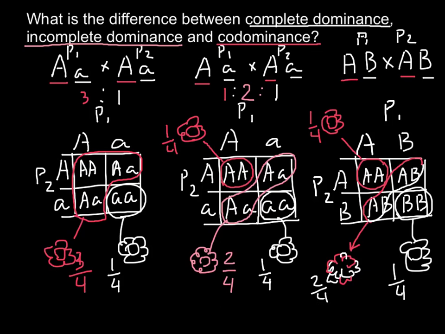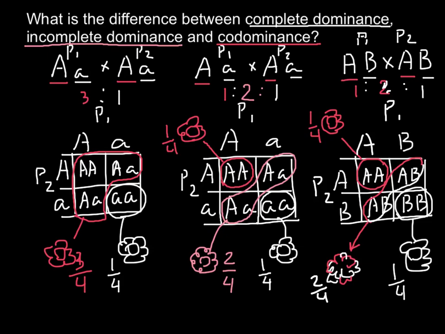So this is going to be 3 genotypes and 3 phenotypes in this example. So we would have 1 red, 2 that are going to be variegated color, and 1 that is going to be white color.